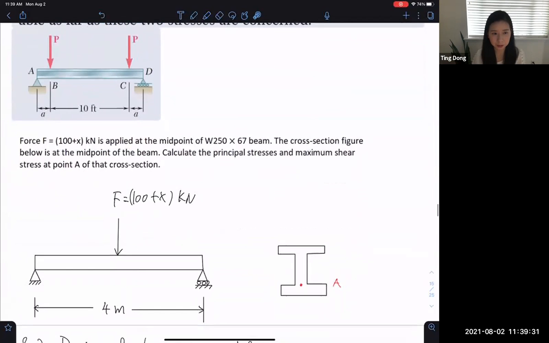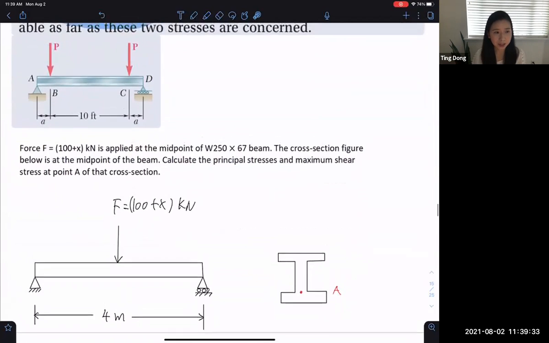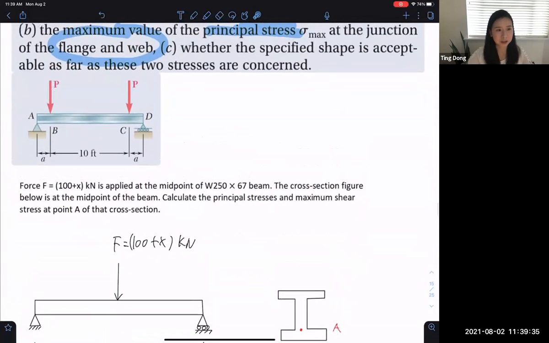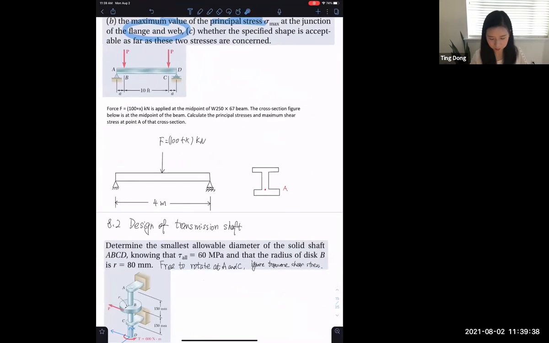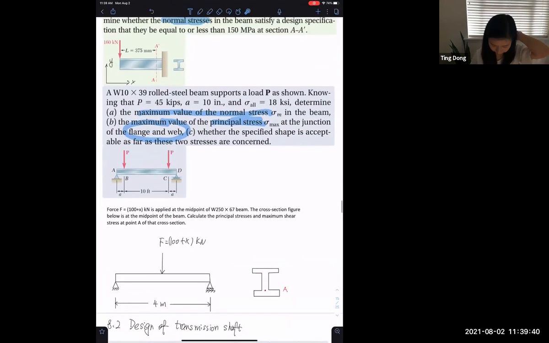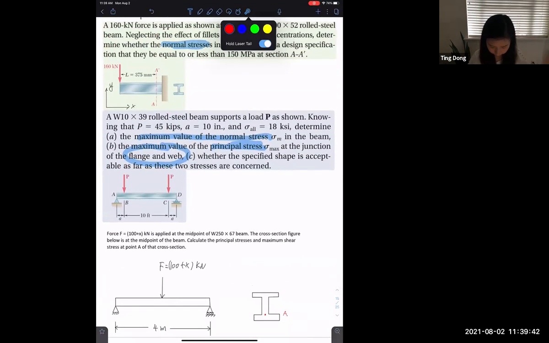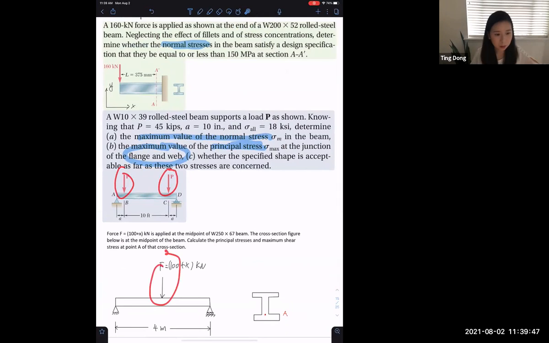And this is a quiz problem, our quiz 6. If you check this too, it's the same problem, right? I changed this loading condition to this one, but it should be the same thing. And I ask you to calculate the principal stress and maximum shear stress at point A. This point A is the same as the junction of flange and web.